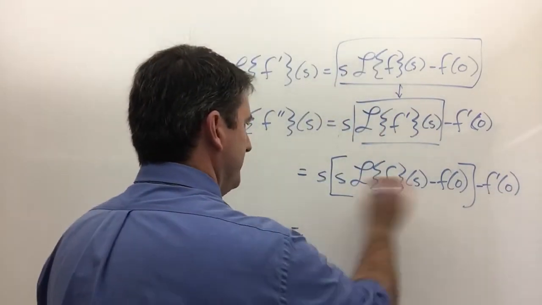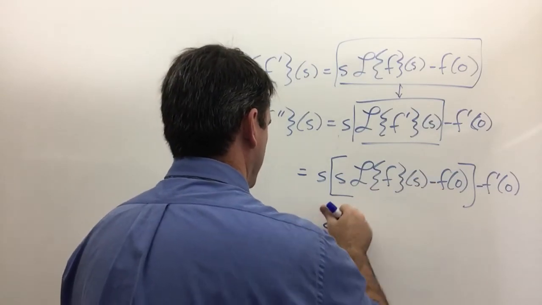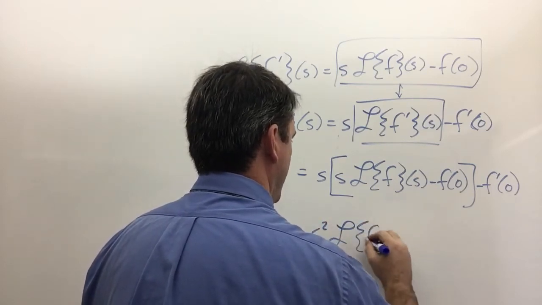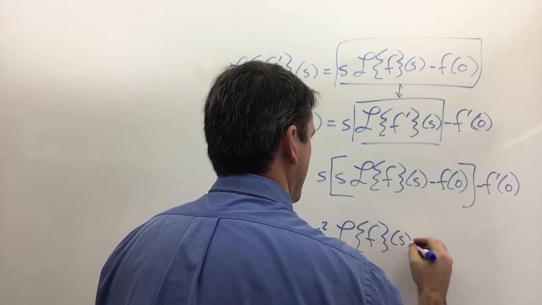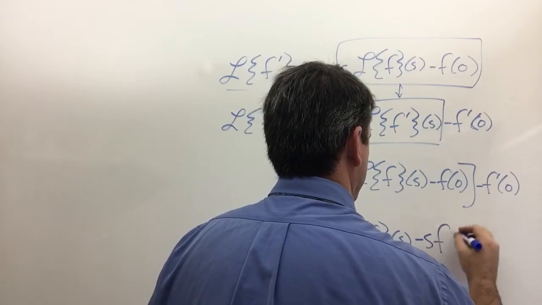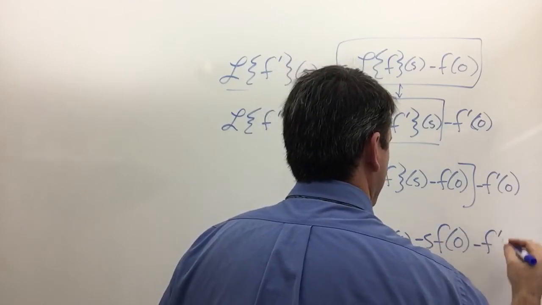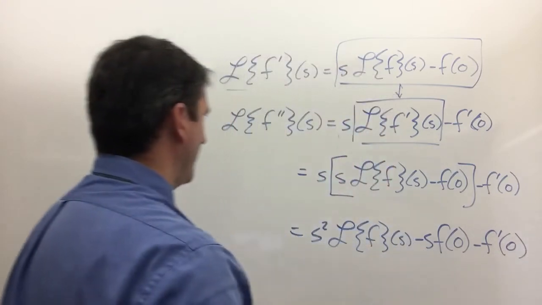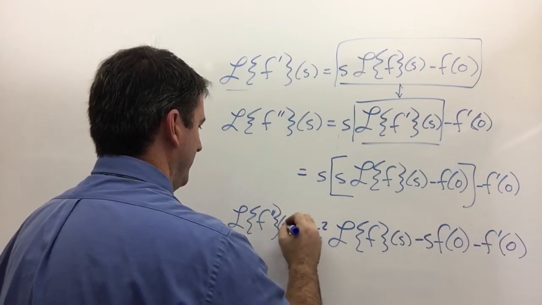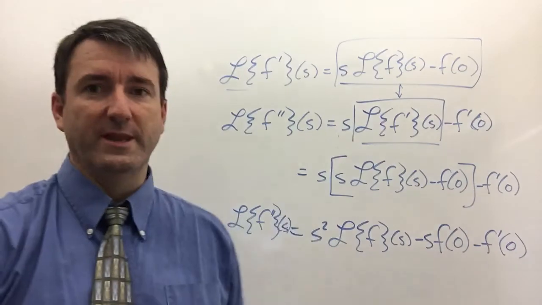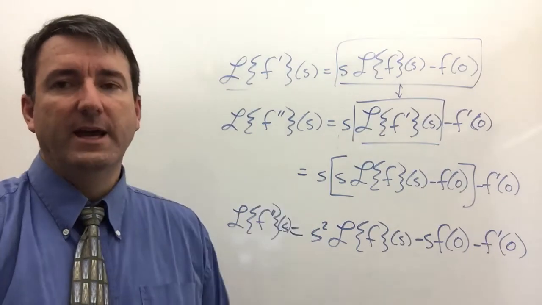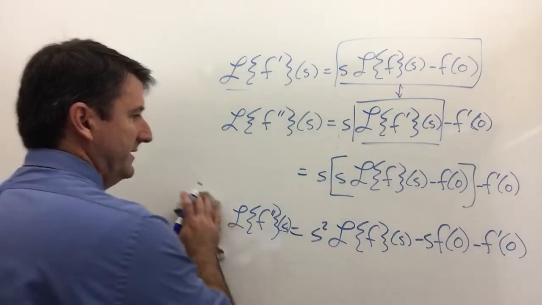And so distributing that s, we get that this is equal to s squared times the Laplace transform of f, minus s times the function at 0, minus f prime of 0. That's the Laplace transform of the second derivative. And you can imagine that you can continue doing that. And the general formula for the nth derivative is in your materials.